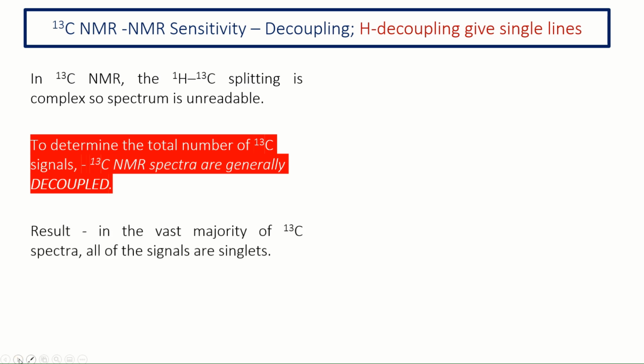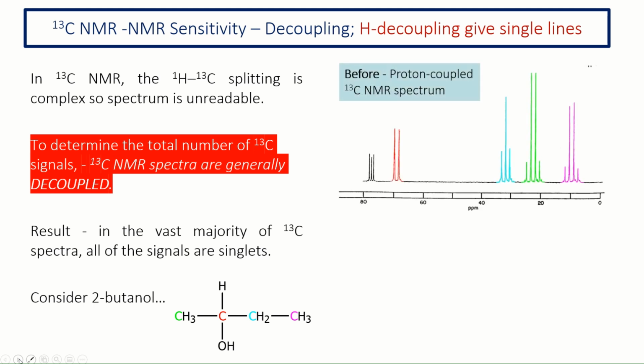Of course, you will have different nuclei coupling to each other, and carbon can couple to protons. So when you consider, for example, 2-butanol, if you had a coupled carbon spectrum, you can see coupling to proton would give you something like this.